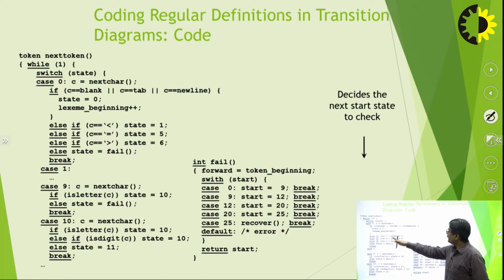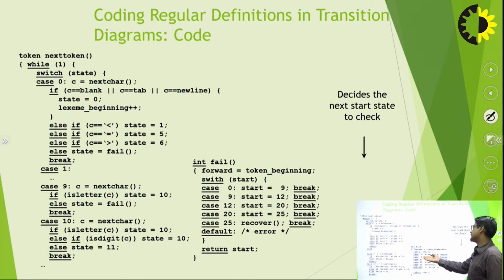If nothing is extracted as a relational operator, then it would fail and break. Then again case 1. Then the other for identifier is letter C, state 10, else state fail. If letter C is there, meaning the current input is a letter, there will be an identifier. If identifier is there, then state 10 is there. If not, no state is there.